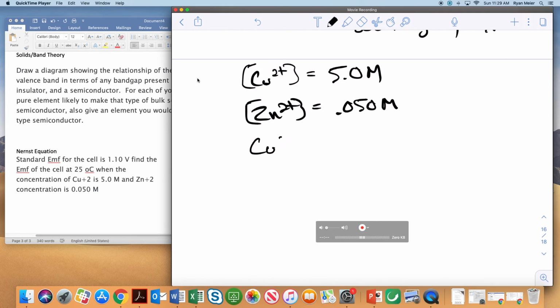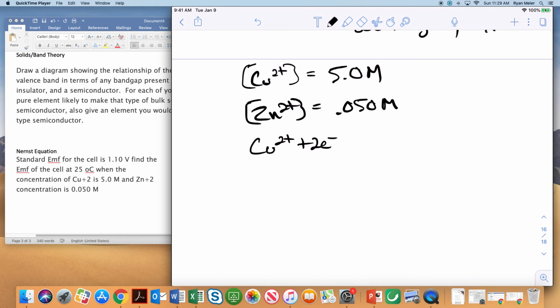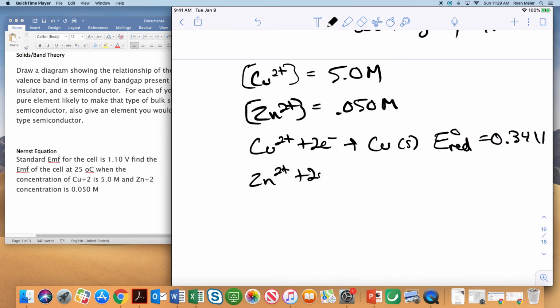Those reactions are going to be Cu2+ plus 2 electrons going to Cu solid. This has a standard reduction potential of 0.34 volts. And then there's one that's Zn2+ plus 2 electrons going to Zn as a solid. Its standard reduction potential is negative 0.76 volts.